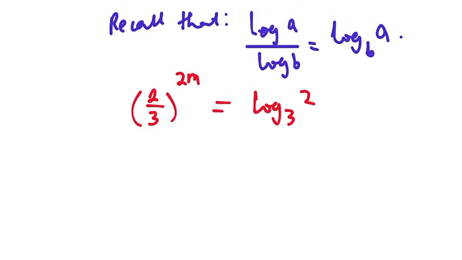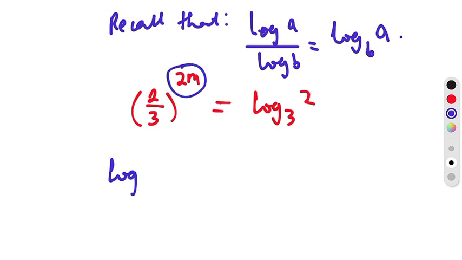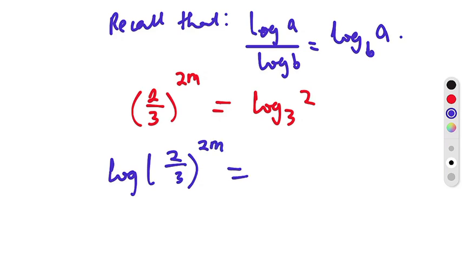Okay, so now moving on. The next thing we're going to do is to introduce logarithm again to both sides because of the power 2m that is here. So we have 2 over 3 to the power of 2m equals log of log 2 base 3.